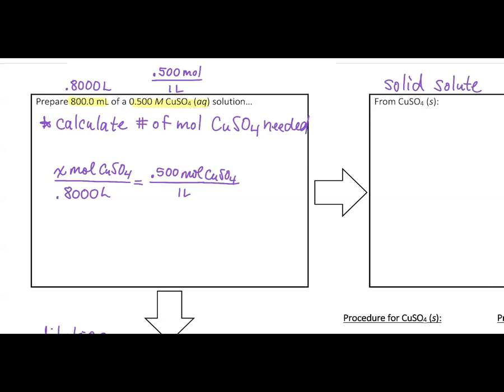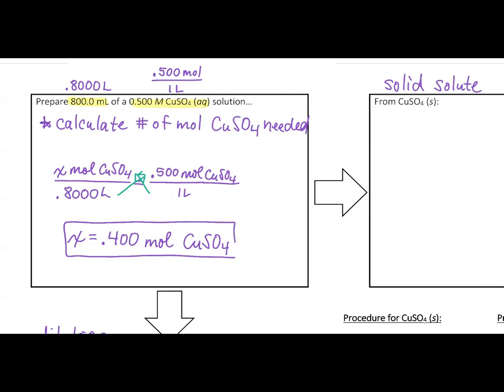As always, we're going to use proportional reasoning, cross multiply, divide to solve for x. In this case, we're going to multiply 0.8 and 0.5 and get that x equals 0.400 moles of CuSO4. We're going to use that to find how to make the solution in both methods.